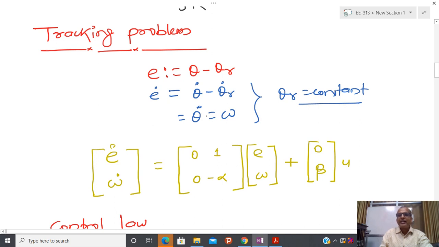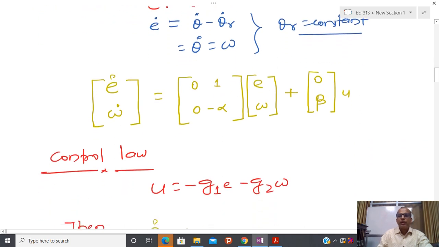Since theta r is constant, I can directly write theta dot equal to omega, and now I have two state variables. One state variable is the error and the other is omega. Now I want to force this error equal to 0. You can also force omega equal to some value, but then I have to restate the problem.